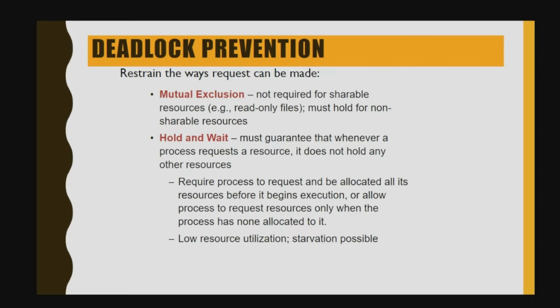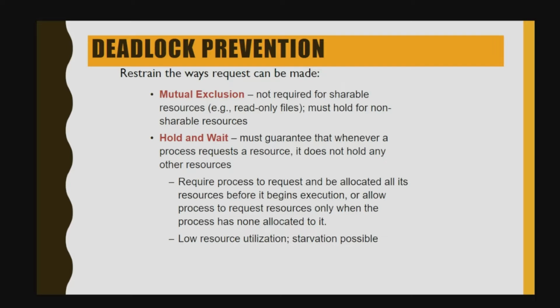The way to restrain requests can be through mutual exclusion. That requires that sharing is not required for shareable resources, but must hold for non-shareable resources. Then we have hold and wait. We must guarantee that whenever a process requests a resource, it does not hold any other resources.